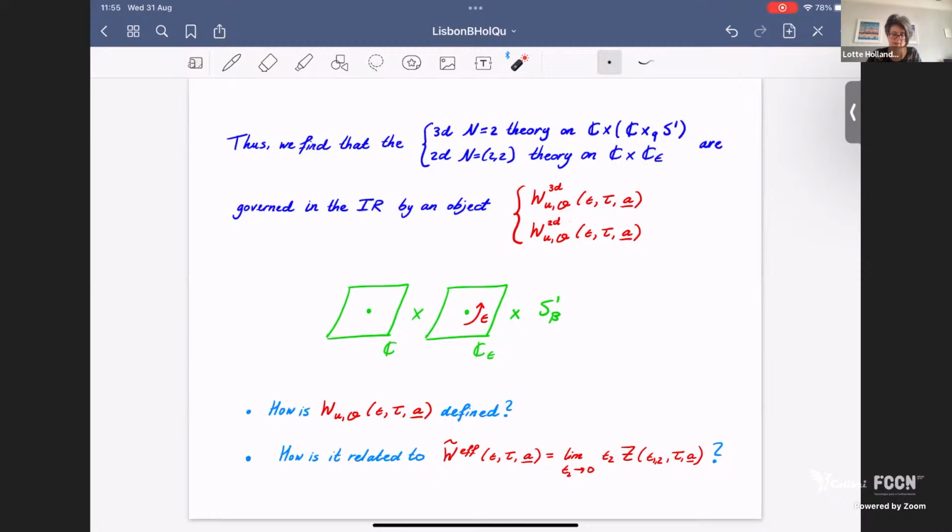That is the important thing that we get out of this duality chain. Note that it has more parameters than the Nekrasov partition function. So one of the questions now is: how is the superpotential that we got from the Nekrasov-Rosly-Shatashvili perspective related to the superpotential that we get from this geometric perspective? And how is this object really defined in terms of the geometry?